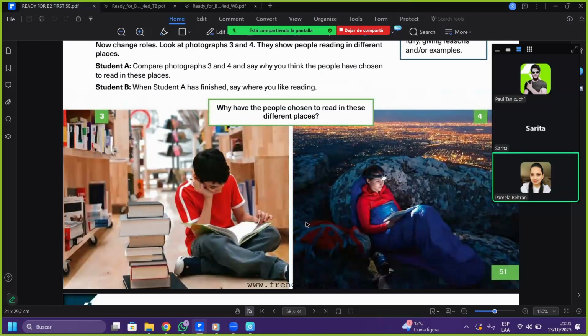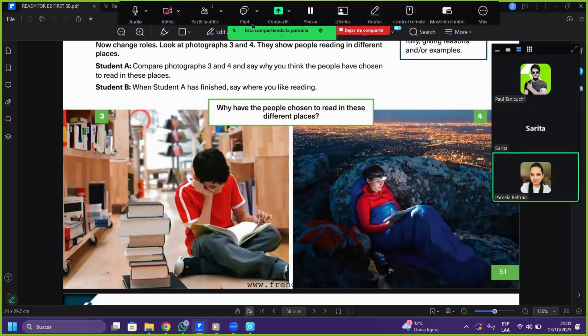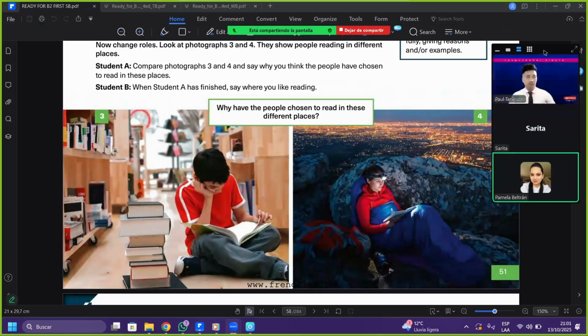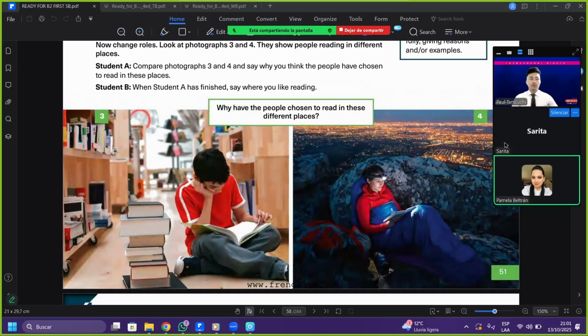I believe that they are choosing to read in these different places because in the first image it's a close and quiet place, and in the other image it's a relaxing place because in the second one it's night and they're obviously on a mountain or somewhere like that. And in the first one, it's a very formal structure, like a library. So maybe it's quiet.